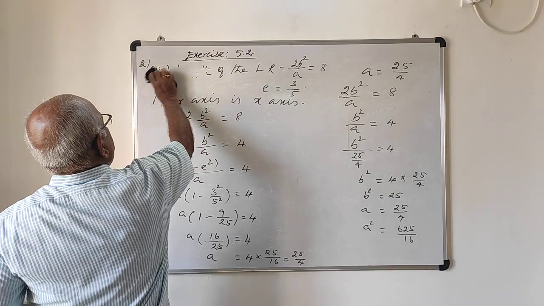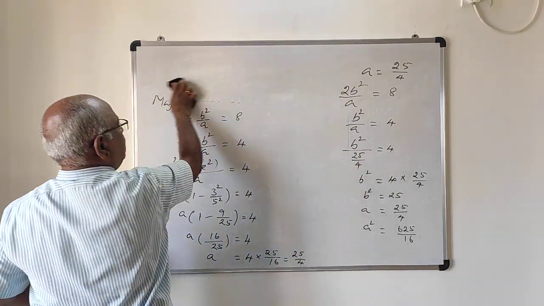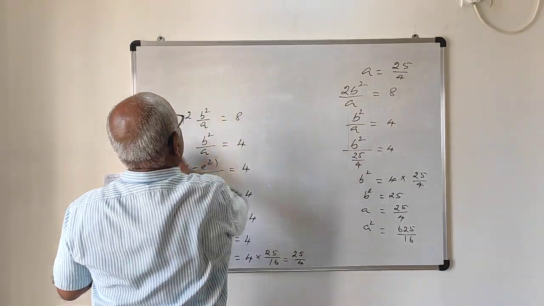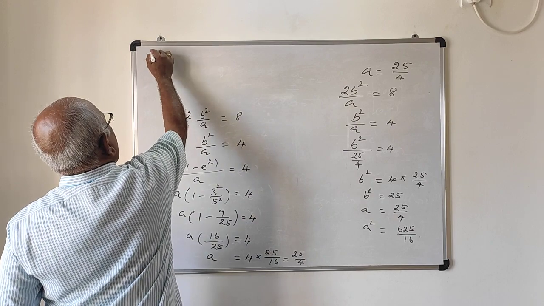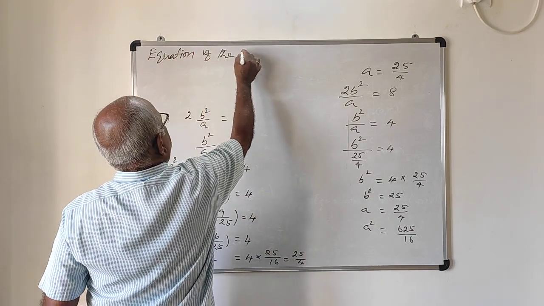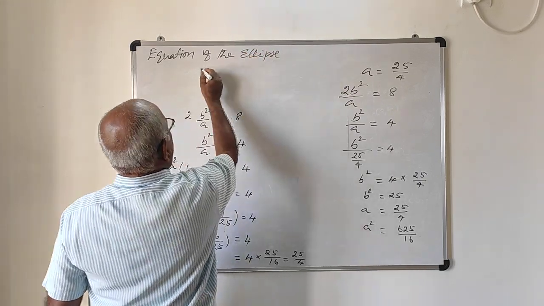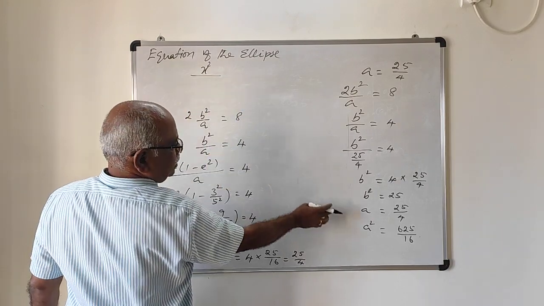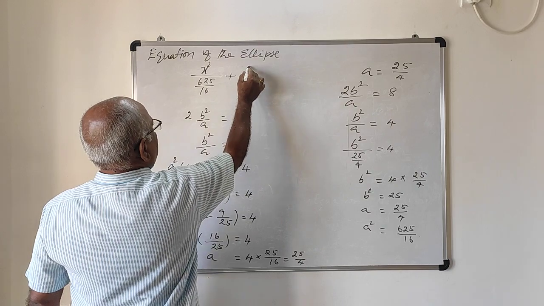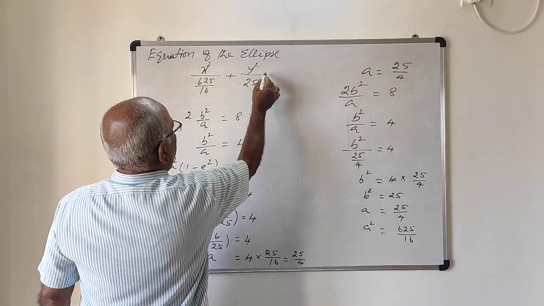So x square by 625 by 16 plus y square by 25 equal to 1.